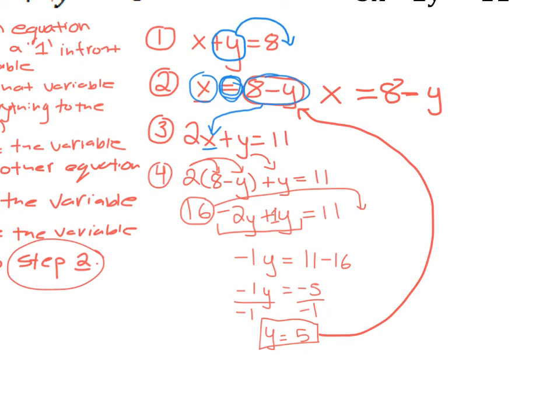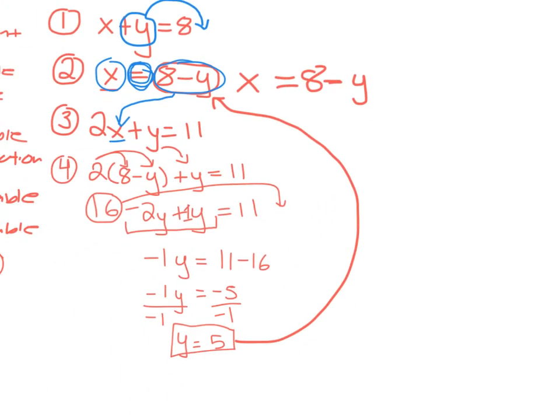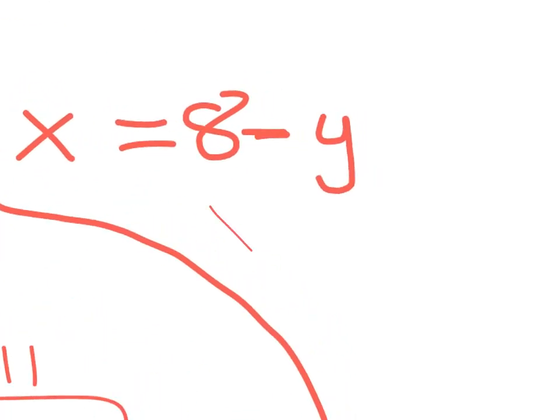So now I can actually solve for that x value because I know that y is 5. So x equals 8 minus 5. 8 minus 5 is 3.